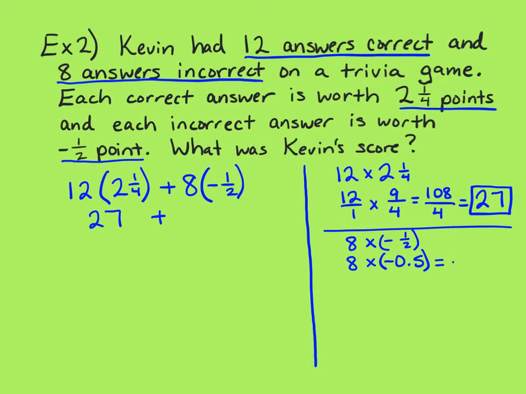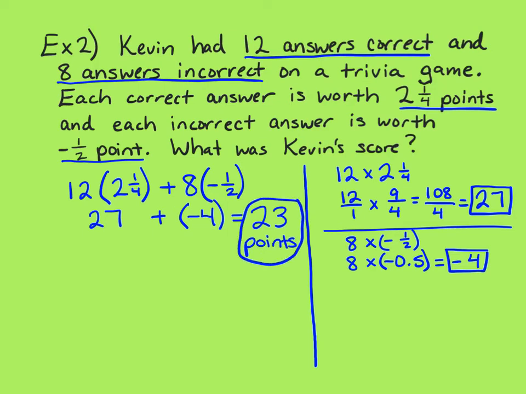Positive times a negative is a negative, so I get -4. So I could work with it as a decimal or fractions. So 27 plus -4, and that's 23. So his total score was 23 points.